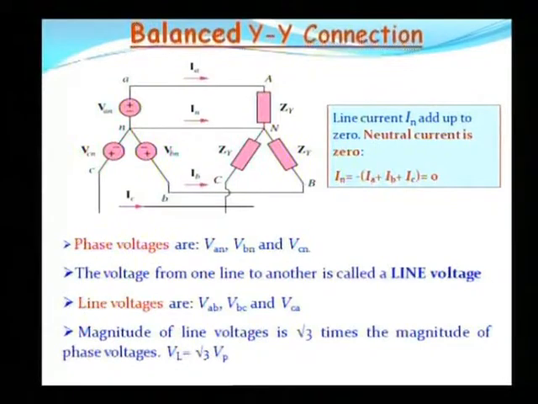The phase voltages, the voltages generated between each phase and neutral, are known as VAN, VBN and VCN. So you find the voltage for phase A, that is VAN, phase B, that is VBN, and phase C, that is VCN, all with respect to N, the neutral.